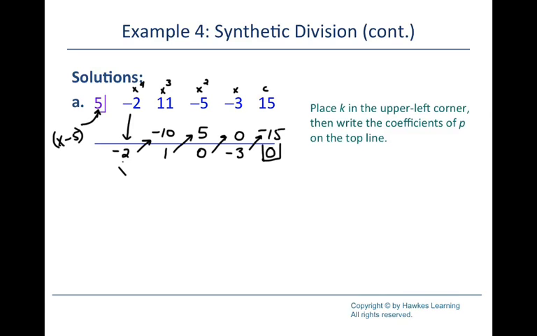This is x cubed, x squared, x, a constant, and then this will be my remainder. So my answer is -2x cubed plus x squared. There is no x, so it's just -3, and there's no remainder. So that is the quotient. And if I multiplied this by my x minus 5, I would get back to my original answer.